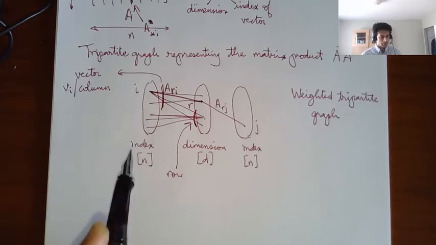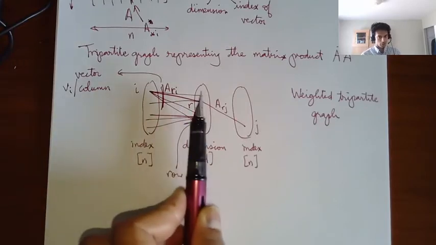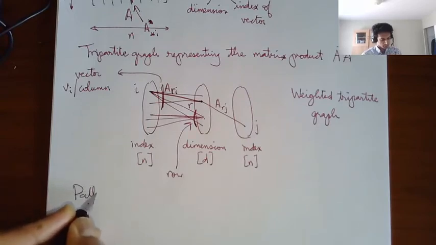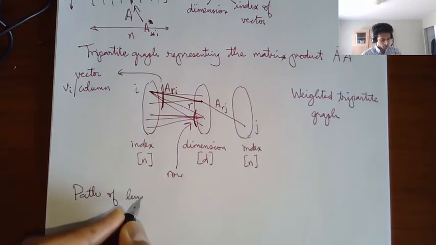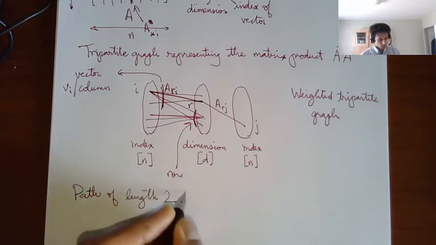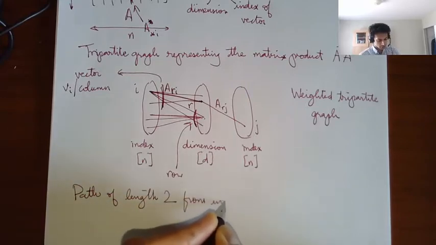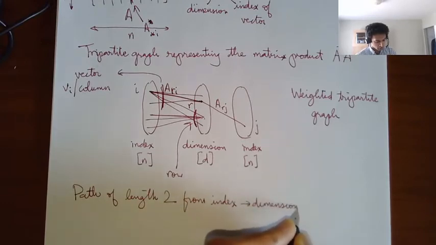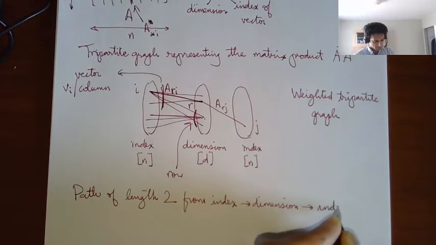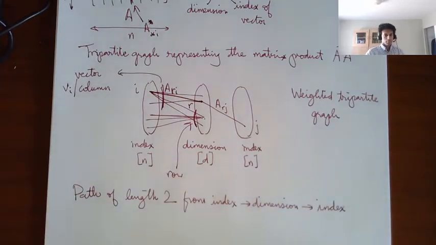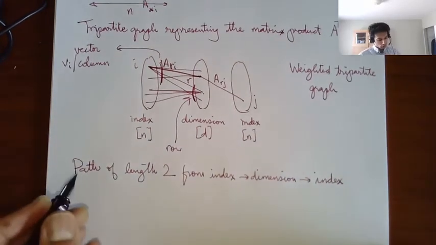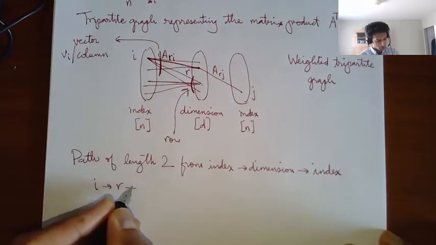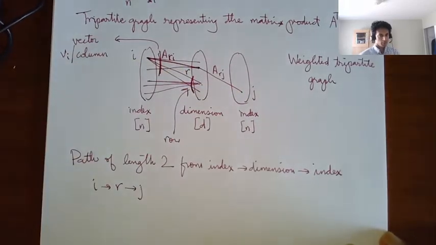Now let's look at a path. By path, I always mean paths that go from here to here to here. So this is my path of length 2, from an index to a dimension to an index. A path of length 2 would go from i to r to j in this way.